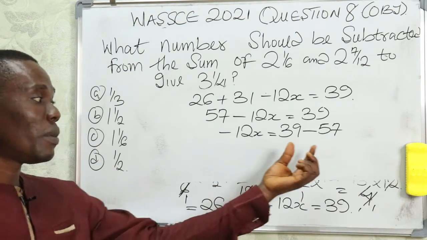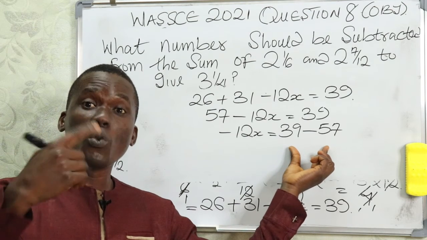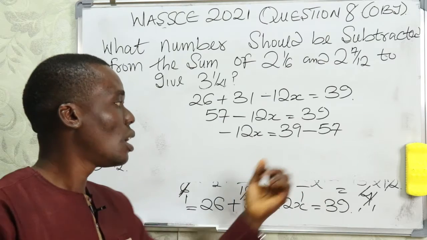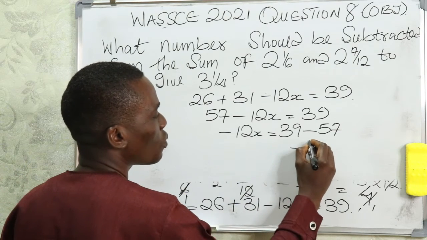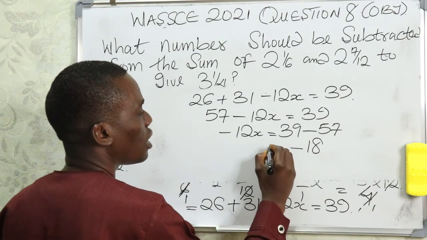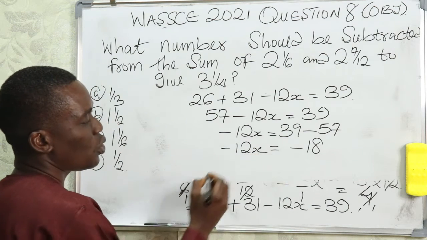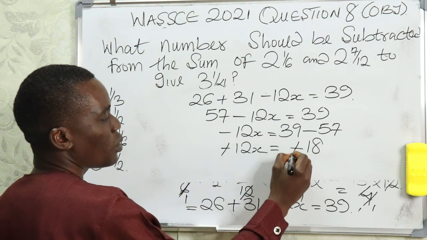Now 39 minus 57, we won't say it's not possible, but rather it's going to give us a negative value, and that will give us minus 18 equal to minus 12x.